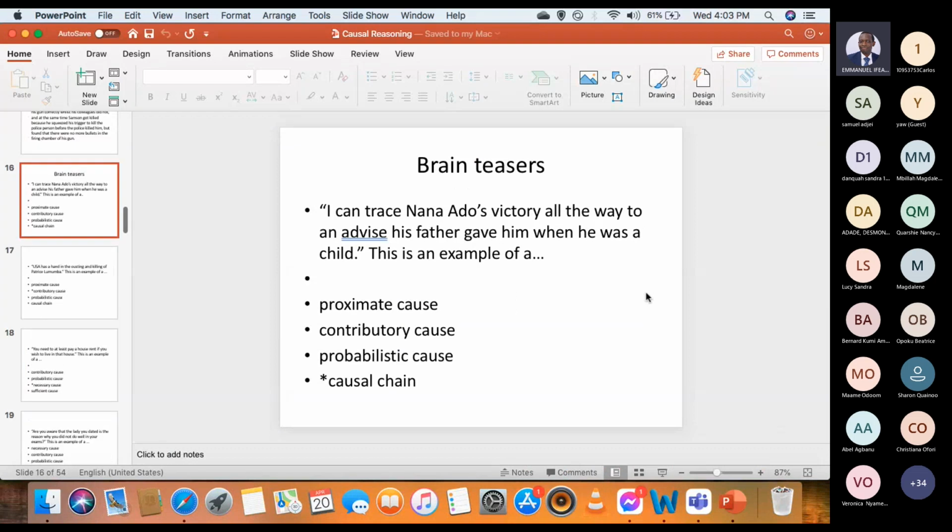I have to go back. I can trace his victory all the way to an advice his father gave him when he was a child. It was suggested as a causal chain because that advice would have set off a chain of events that eventually gave him victory.